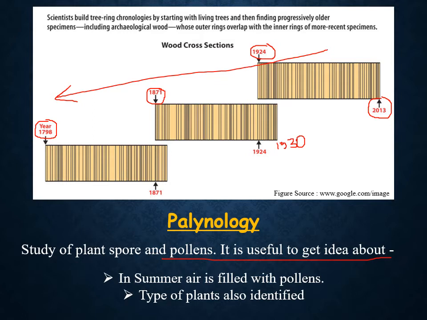So in this way, spore and pollen abundance and their nature will help us to identify the environmental region in which this deposition occurred, the types of plants living at that time, and we can also get a seasonal variation within an annual sedimentary deposition.